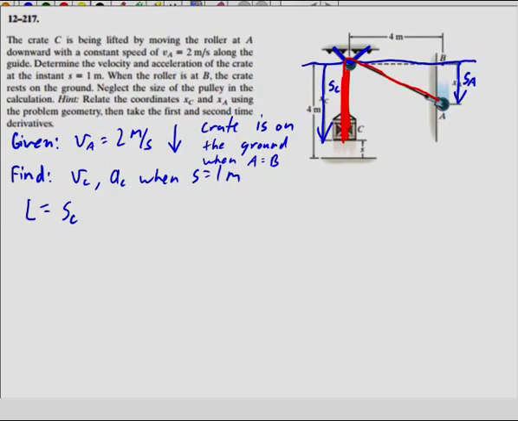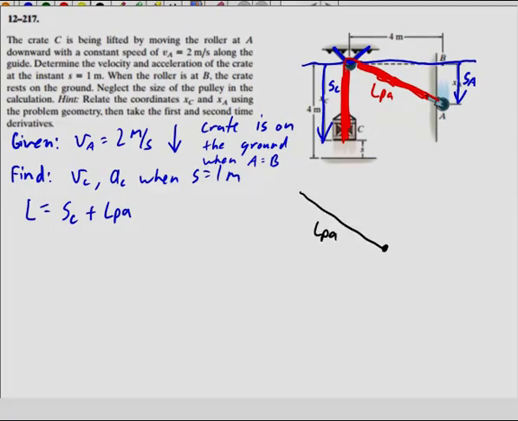Then we have this other part over here that goes from the pulley to A, and at this point, I'm just going to label it the length from the pulley to A, LPA. And then I'll put in my equation plus LPA. Okay, so we have the length of the rope. Now we just need to figure out what LPA is. And in order to do that, I'm going to go ahead and draw another triangle. So the first thing I want to put on that triangle is that length, LPA, on there.